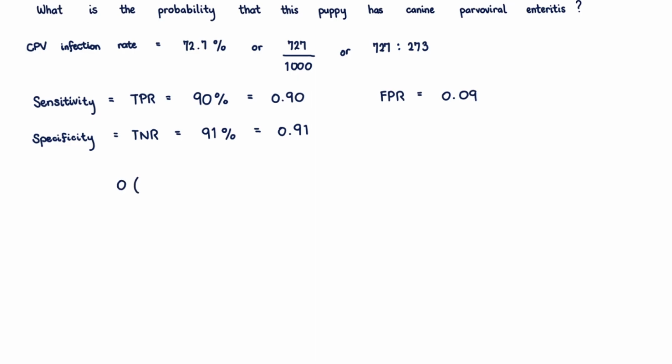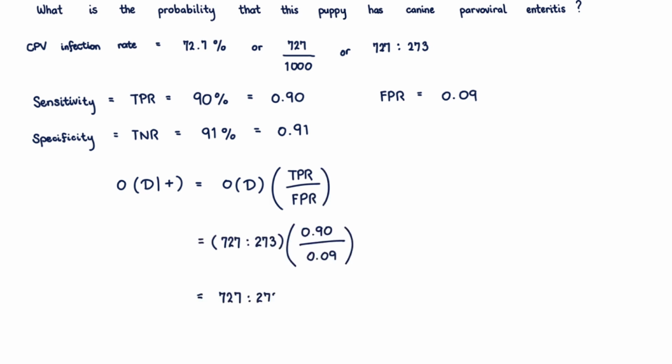So the odds of having the disease given a positive test result is equal to 7,270 is to 273. These are our updated odds.